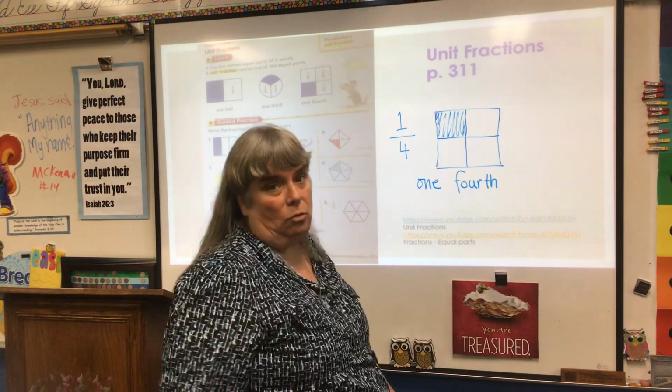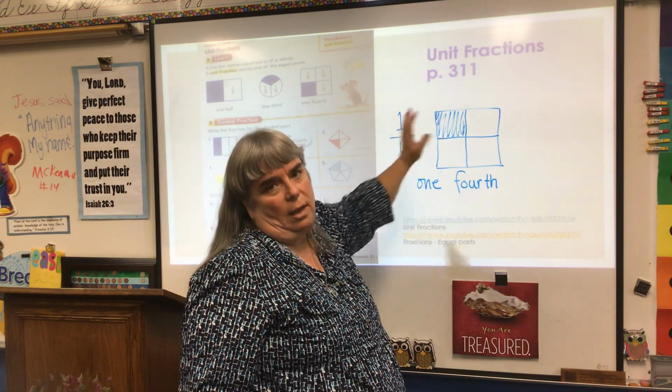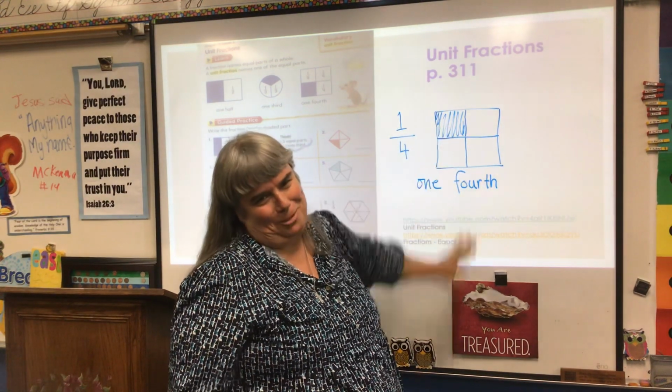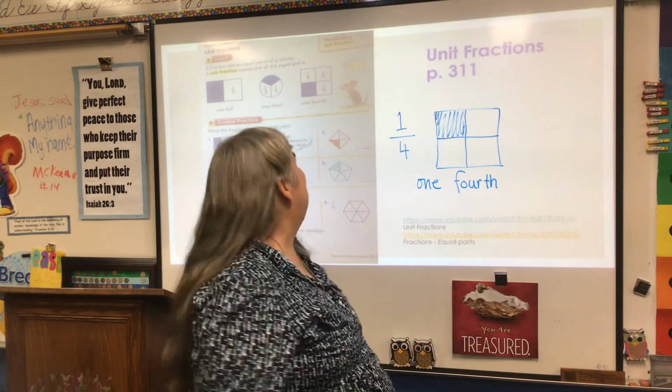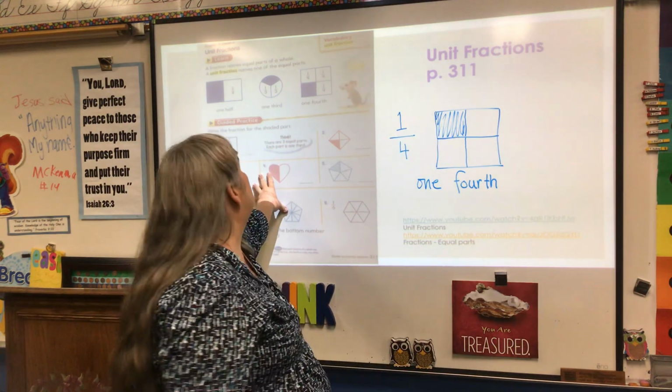That is a unit fraction because it's just one part of this shape that's divided up into 4 sections. So we're going to give you some examples of some other unit fractions.